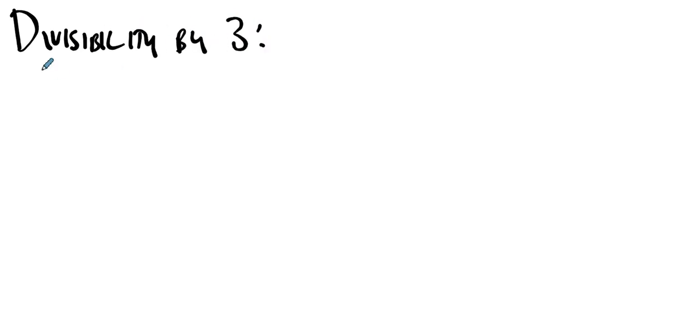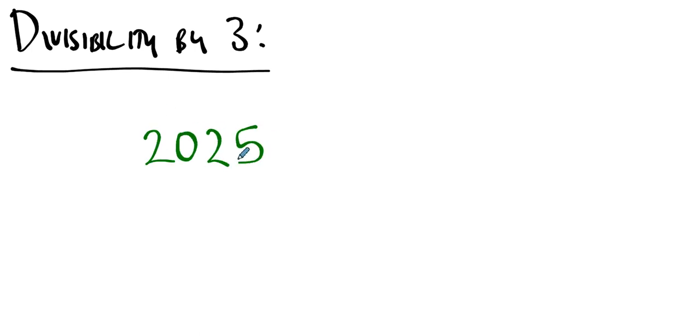The other popular divisibility rules for small children are 3 and 9. You probably remember the rule for divisibility by 3. Let's see, is this number divisible by 3?